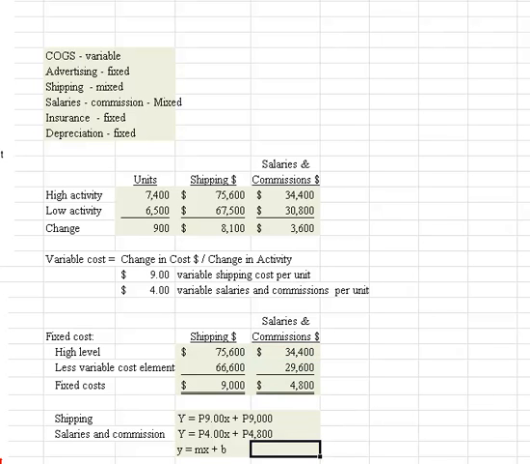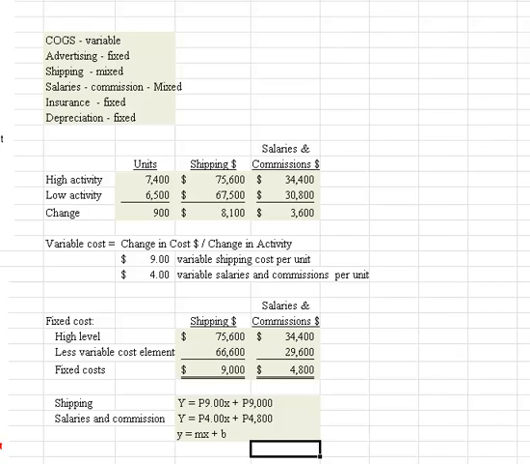So when we put that into the formula of y equals mx plus b, in this case they're using the symbol P. I think that's the price per unit is what the P stands for. Oh, I'm sorry, I think that's the dollar. The Chilean dollar is a P for peso.